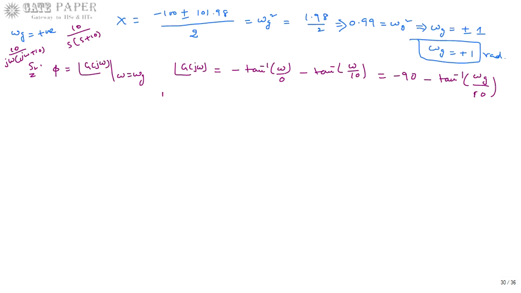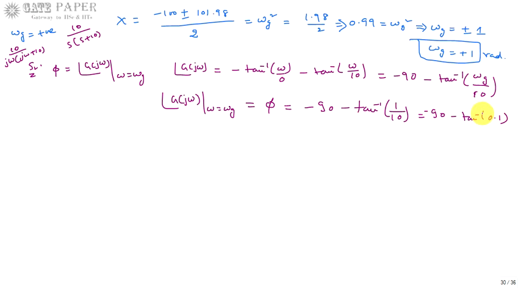So the angle of G(j omega) at omega equal to omega G, which is phi, is minus 90 minus tan inverse of 1 by 10, that is minus 90 minus tan inverse of 0.1, which is minus 90 minus 5.71. So phi is minus 95.71 degrees.